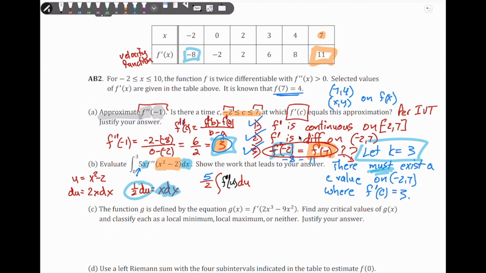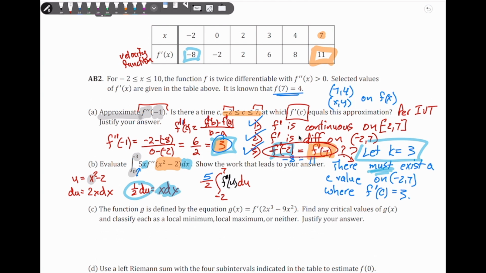So we have f double prime of u with respect to u, the 5/2, and last but not least, we just have to change our limits of integration by plugging 0 into our u sub to get a negative 2. And then we're going to plug in our 3 into the u sub to get 9 minus 2, which is 7. So this is our rewrite right here for part B.